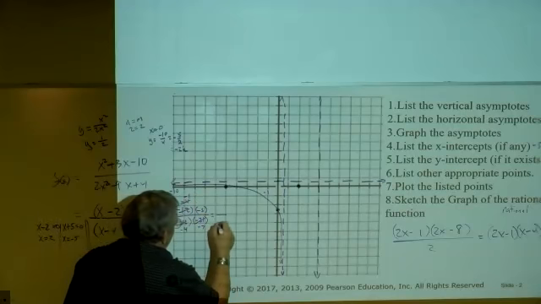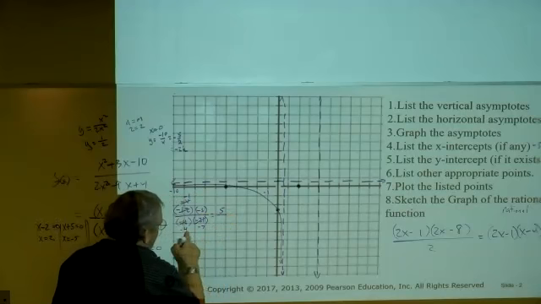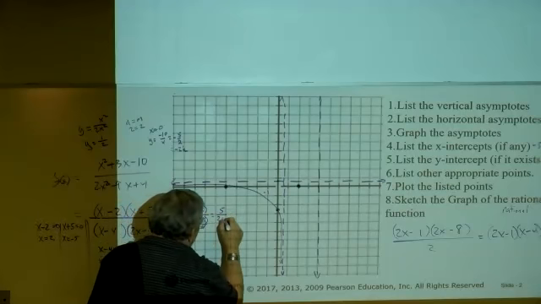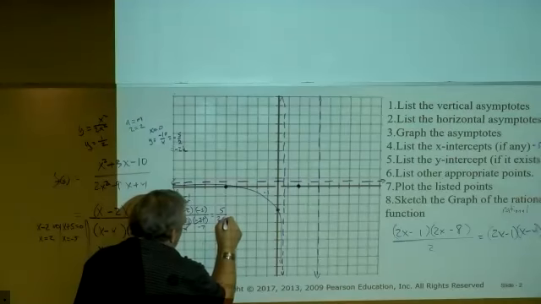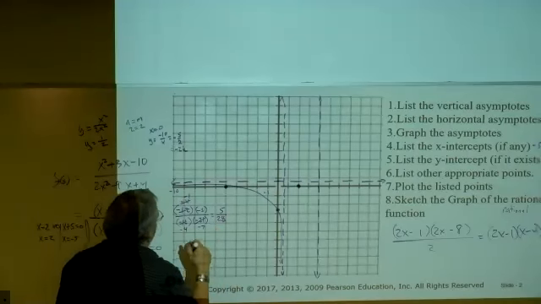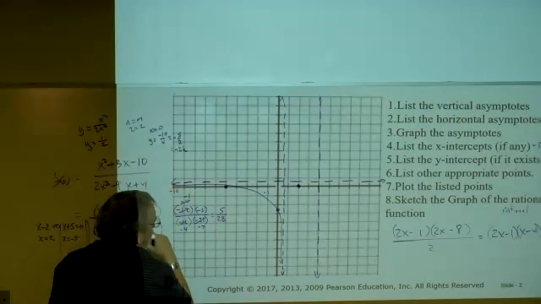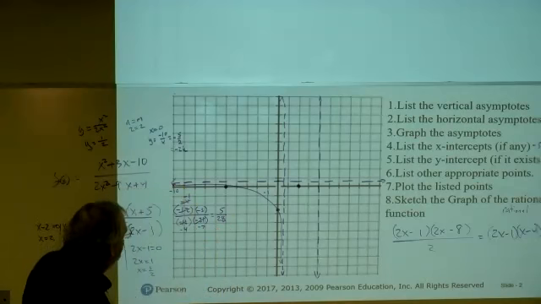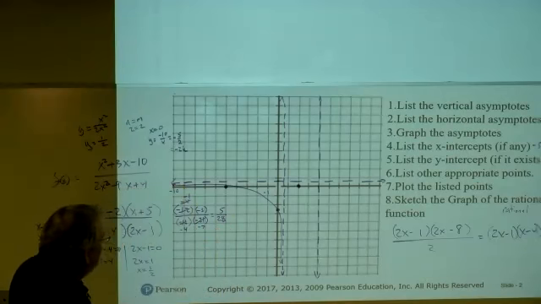And -1 times 5 is -5, -4 times -7 is a positive 28. So 5/28 is pretty close to 0 here. And if I went down even further, it would come off of 0 and get closer to 1/2.